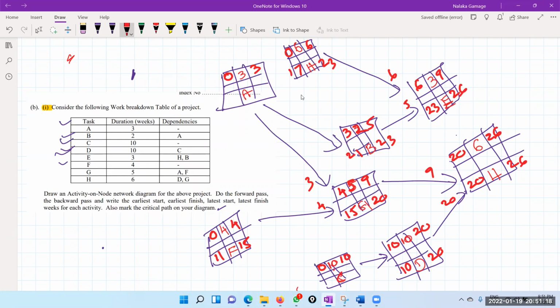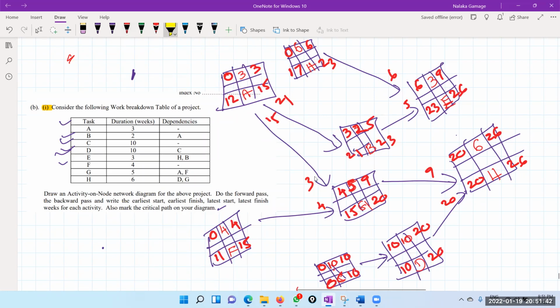And this is 21. From here 21, from here 15. We have to take the smaller one, 15. 15 minus 3 is 12. This is 10, therefore this is 10. 10 minus 10 is 0. That is a critical path.